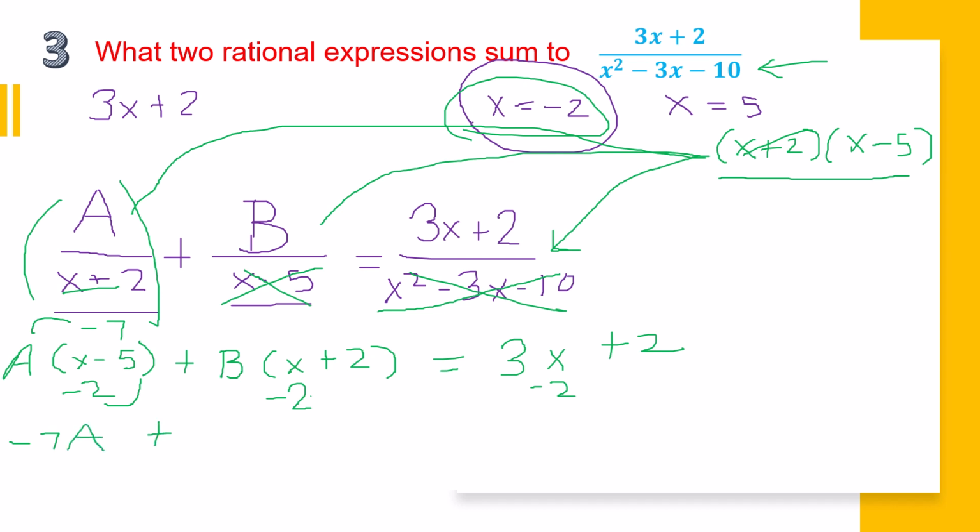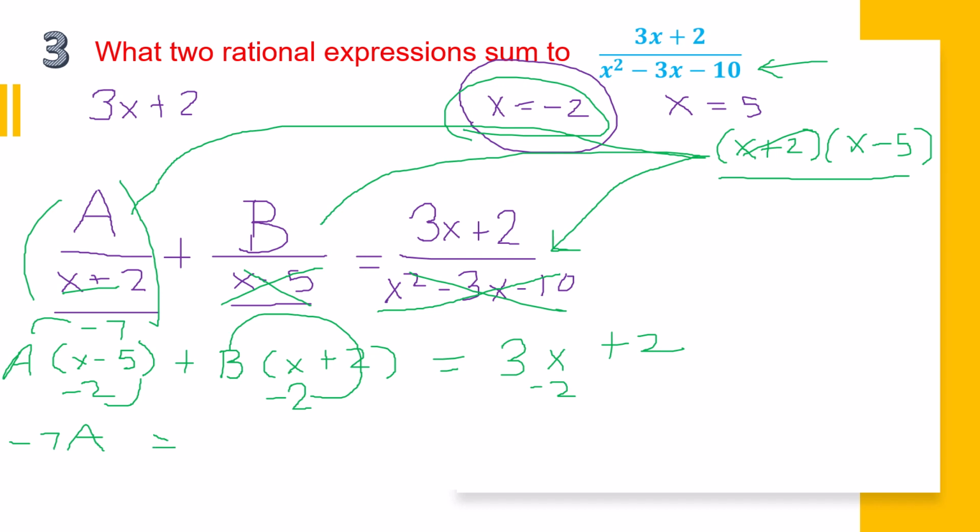Plus -2 plus 2 is 0, and 0 times B is 0. So we don't have to put anything there. I'm just going to go ahead and erase that. All right, starting to look a lot nicer now.